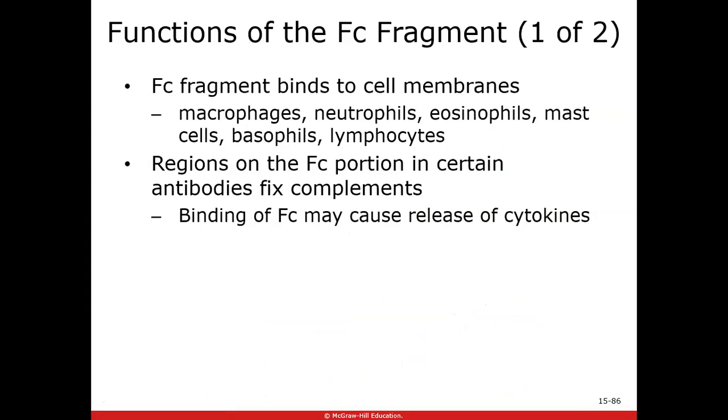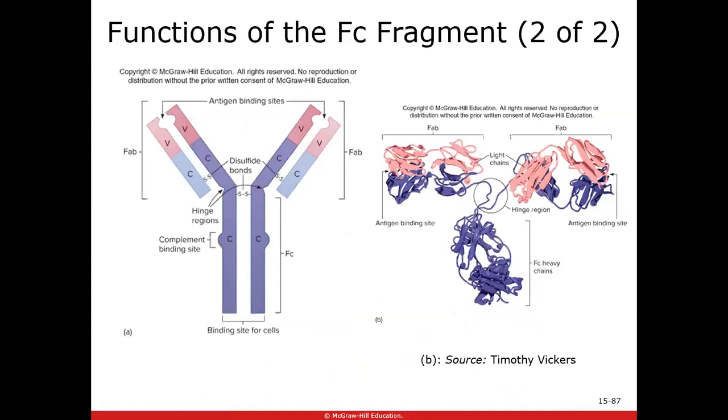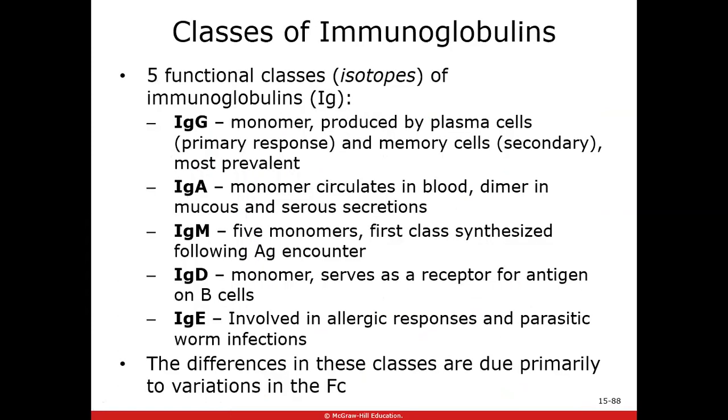Don't worry about the Fc regions of antibodies, but I do want you to know the functional classes of immunoglobulins. So these are immunoglobulins, or antibodies: IgG, IgA, IgM, IgD, IgE. And know that IgG is most prevalent.